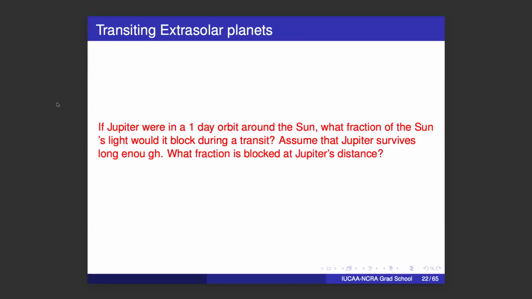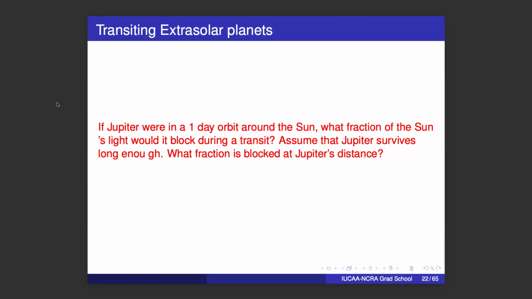So if Jupiter were in a one-day orbit around the sun, what fraction of the sun's light would it block during a transit? To calculate that, I'll give you a rule of thumb: Jupiter is, to order of magnitude, 10 times the diameter of Earth, and the sun is 100 times the diameter of Earth.